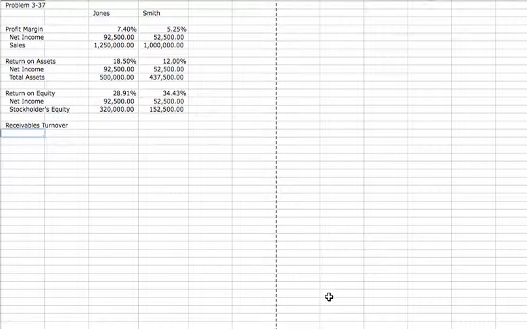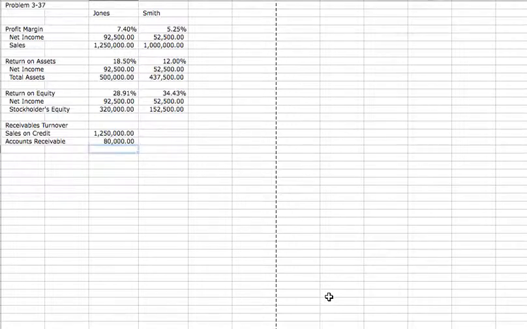So we need sales on credit divided by accounts receivable. Sales on credit for Jones Corporation, it's all on credit, 1,250,000, and accounts receivable for Jones Corporation is only 80.